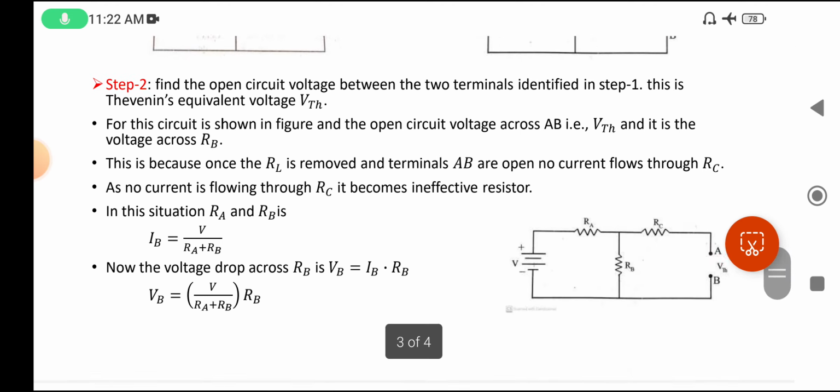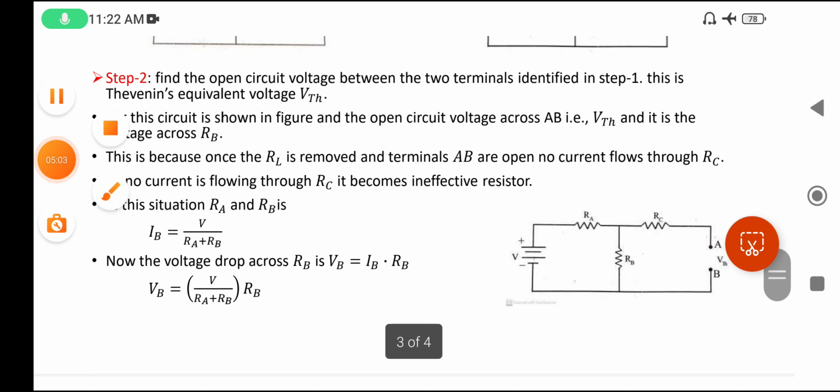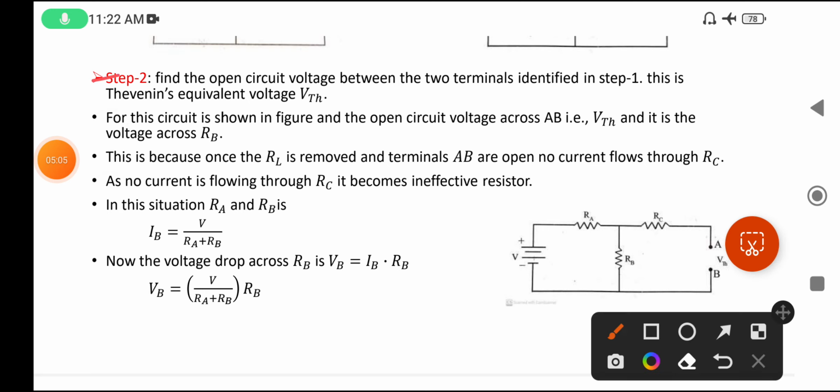So it is open. Next, step 2. Find the open circuit voltage between the two terminals identified in step 1. This is the Thevenin's equivalent voltage V Thevenin. What is he saying?